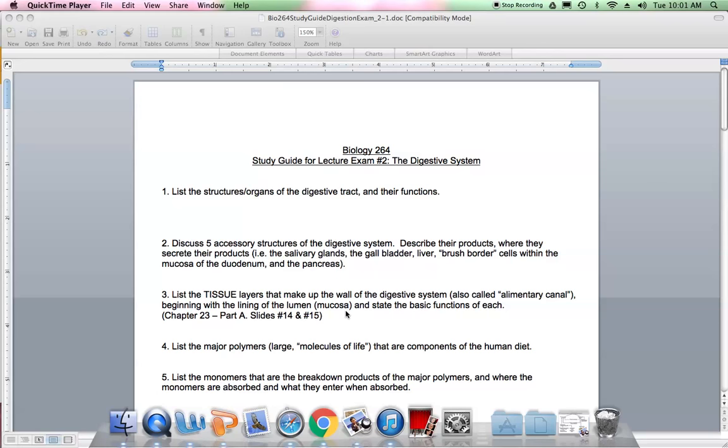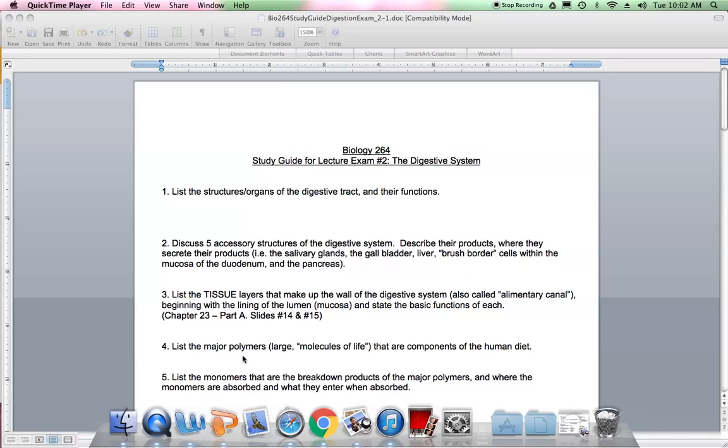And then finally, we have the serosa, which is the outermost layer of the tube that forms the digestive tract. It has a moist, glistening appearance, and that actually prevents friction as organs are moved around within the abdominal cavity. And that's all discussed right here, Chapter 23, Part A, slides number 14 and 15.